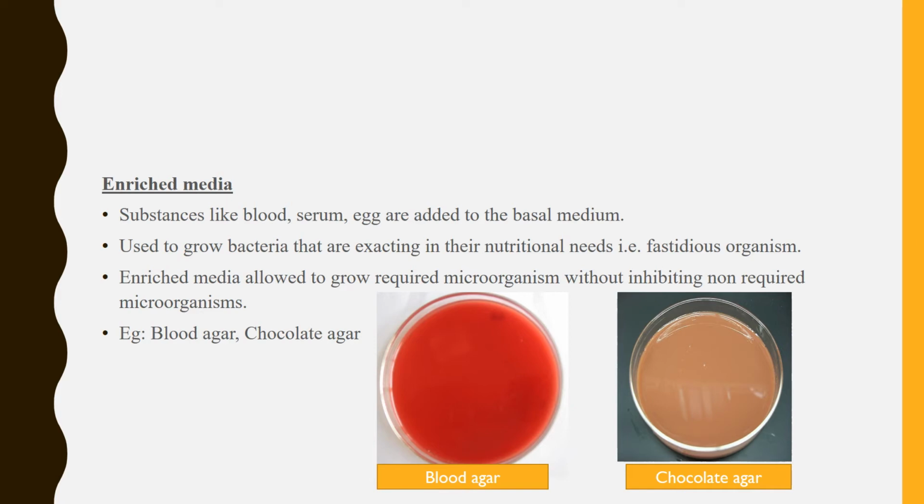In blood agar, the red blood cells do not lyse, and in chocolate agar, we prepare it by the lysis of the red blood cells. Then the cells rupture, and the color turns into the chocolate color.